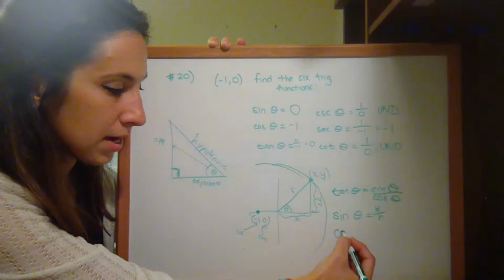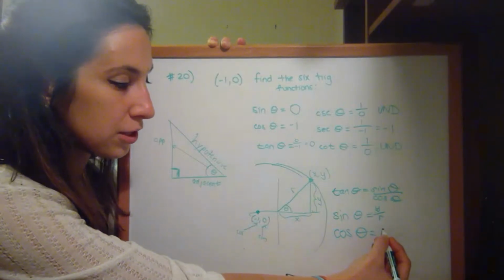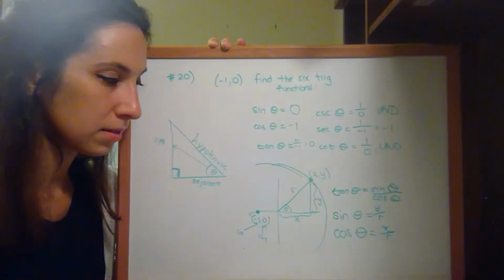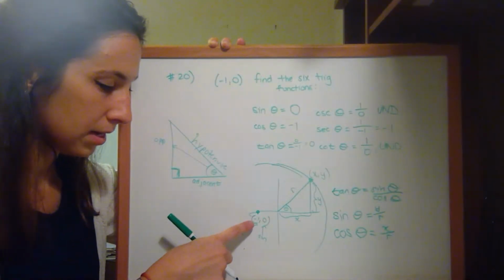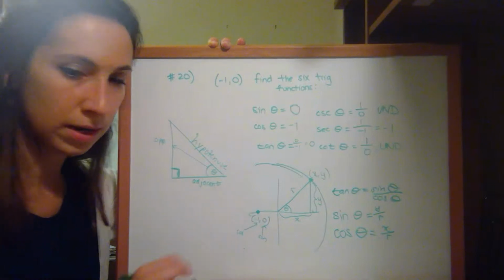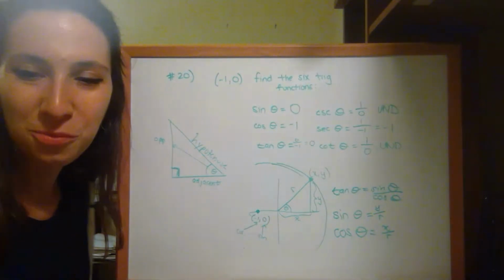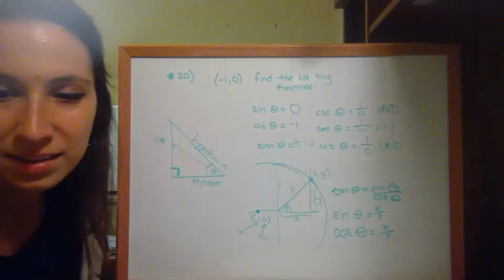Same thing for cosine, except it would be adjacent over hypotenuse. And if radius is 1, then cosine is just the x-coordinate. So y is sine and cosine is x, exactly.